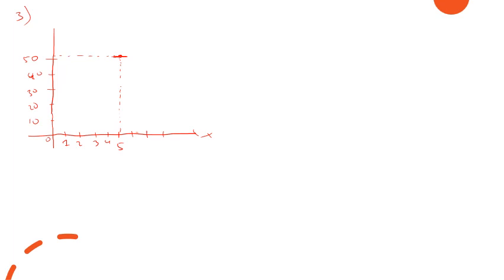I will go to 0 because it's easier for us to find the y. If x is 0, this is the left side of x equals 5. Then y will be 1/3 times 0 minus 5 times 0 quadrat plus 25 times 0 plus 10. So you see here 0, 0, 0, and that is 10. So it is here.